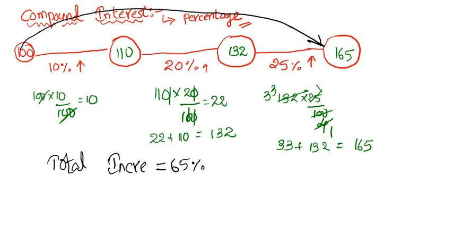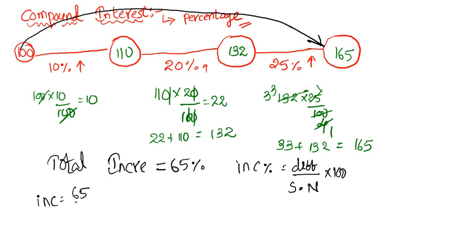How is it calculated? Percent increment is equal to difference divided by the smaller number into 100, right? What is the difference? 165 minus 100 is 65, the lowest number is 100, into 100. So the percentage incremented is 65%.